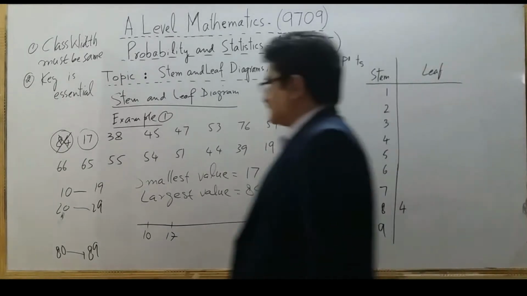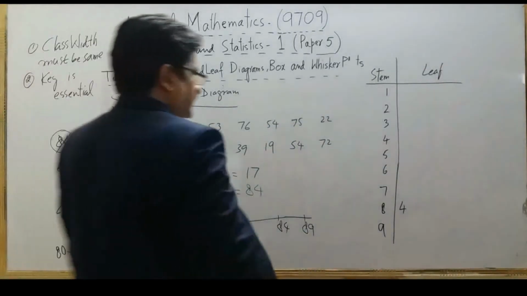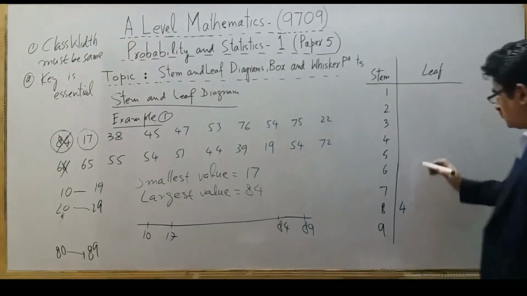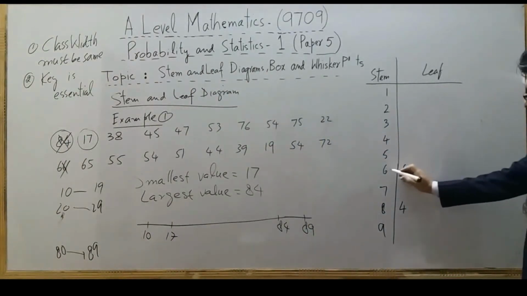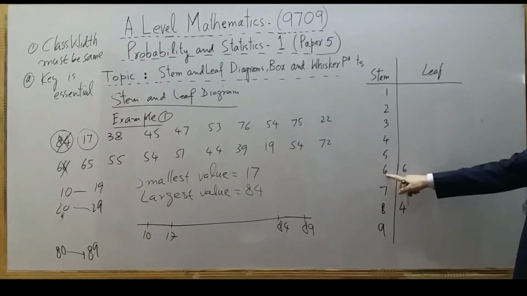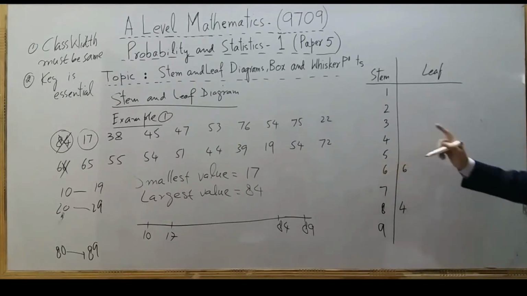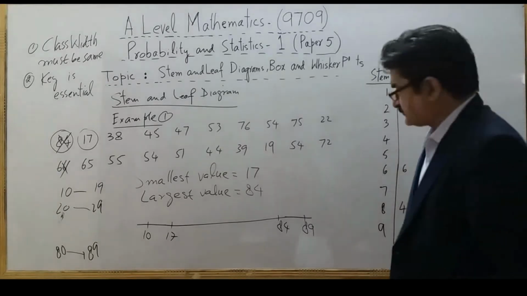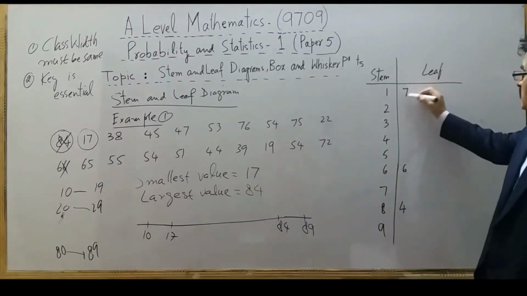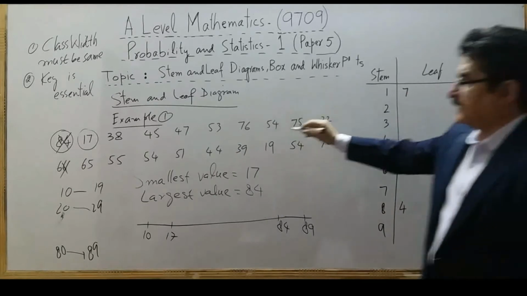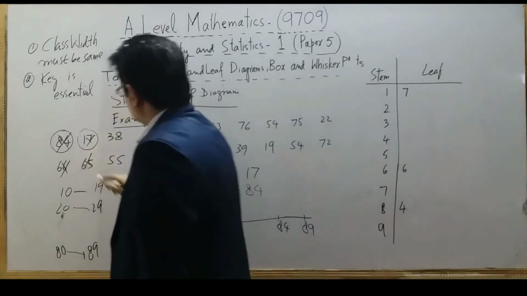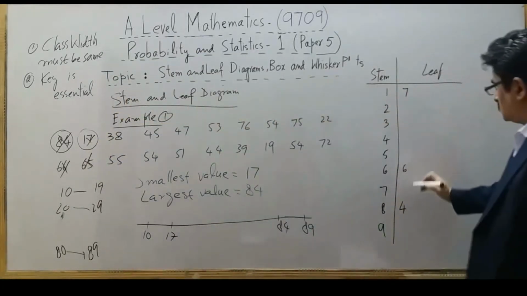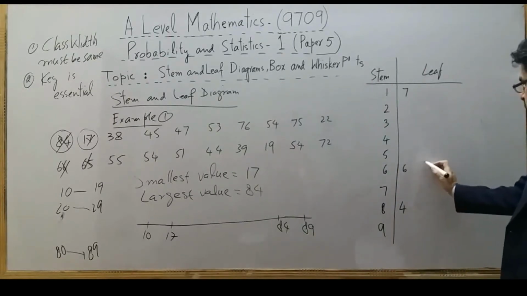Next value is 66. You enter it. 66 will lie here, because this class shows from 60 to 69. Then we have 17. It will lie over here. Then we have 65. So go on crossing these values. We enter 65.